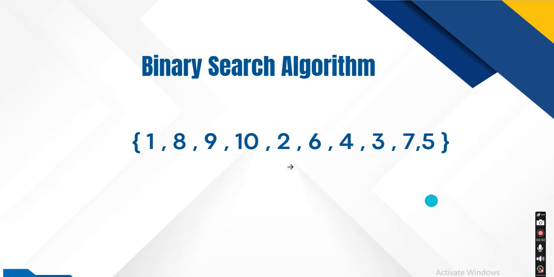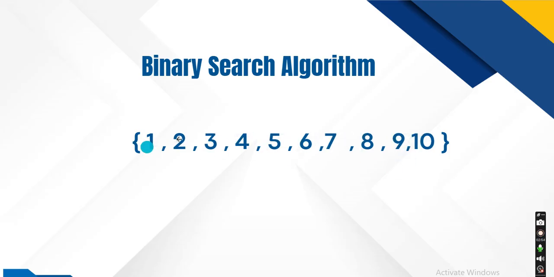So let's say I have this array. This is an array of 1 to 10, but it's unordered. To use the binary search algorithm, we need our data to be ordered. For example, if I'm to find the number 7 in this array, I need to sort the data, arranging it in ascending order.